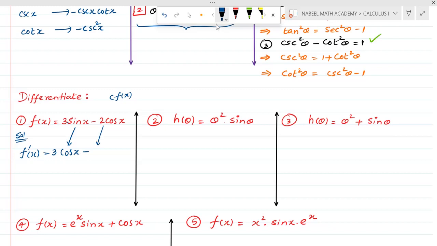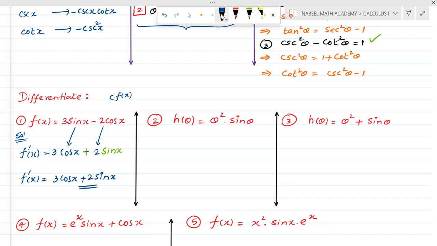Minus 2 is a constant here. What is the derivative of cosine, which is minus sine? So it becomes minus of minus, plus, it is sine x. Therefore, f prime of x is equal to 3 cosine x plus 2 sine x.